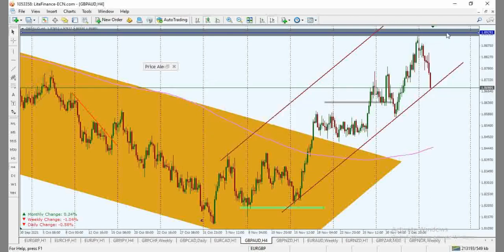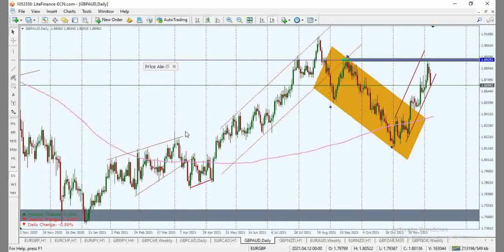And we're not going to change this to a whole number because when you talk about a psychological number, it's psychological because it's in your mind. The lazy traders want to round it up so that they can look at it as a psychological number. Price may or may not respect that point. Price doesn't just bounce around some numbers because it's round, 1.900.